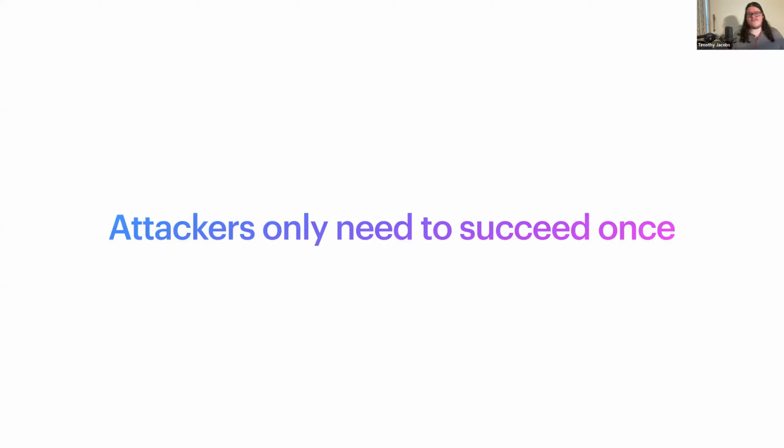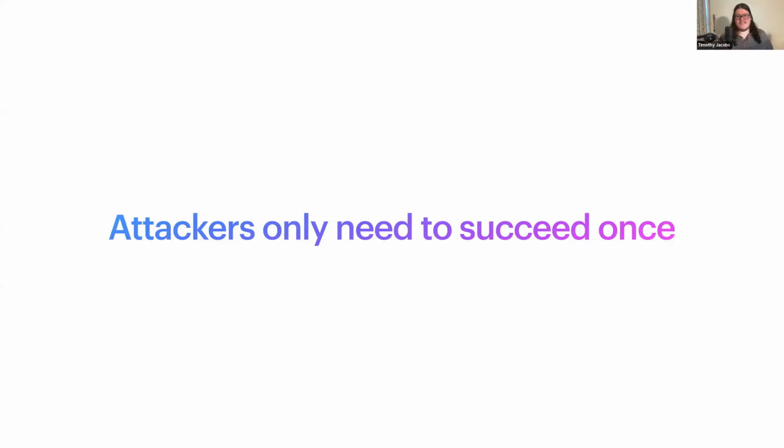The thing that you have to remember is that attackers only need to succeed once. If an attacker is trying to trick you into giving up your username and password, once they have your username and password, it's done. You have to be vigilant every single time you're logging in. And that's just not really feasible. Maybe we're doing 15 things at once. Maybe it's the 40th hour of the day and we've been working and working and working, and we're just tired and we weren't as extra vigilant as we had to be.